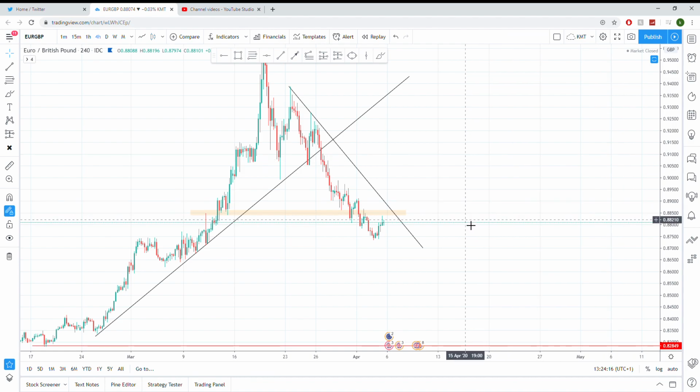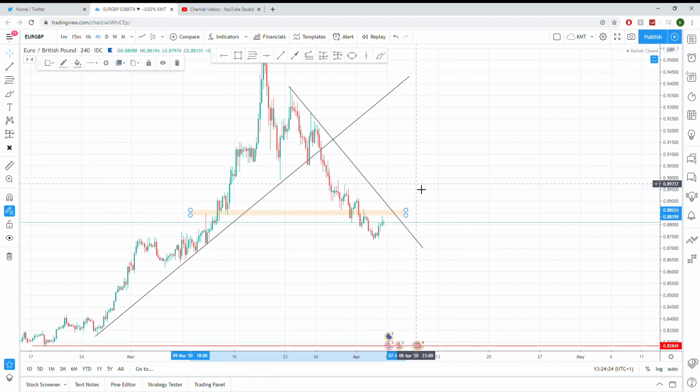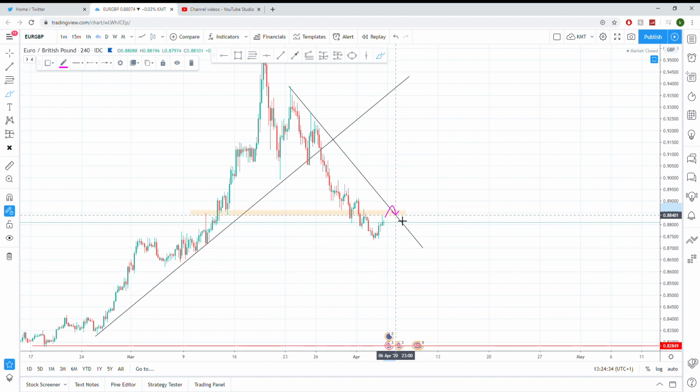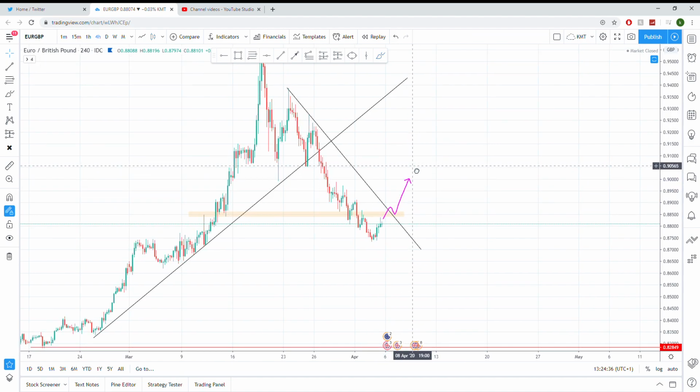Okay, so looking at EURGBP, the majority of the trend is to the downside. In order for us to consider a buy, we have to violate this zone. So this would be at 0.88399 to 0.88624, and again same thing, push to the upside, the pullback, and push again to the upside.